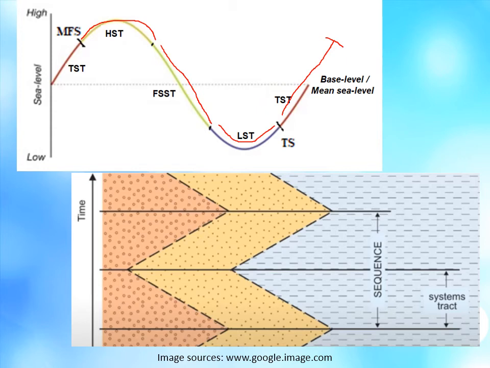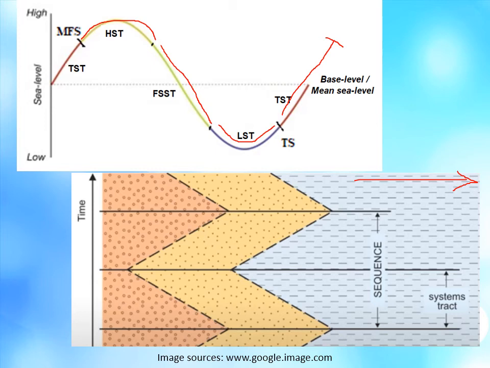If these are my sedimentary records from shallow marine to deep marine, and this direction is my basinal direction, that is the deep marine direction, we can see that sometimes the deep marine depositional conditions move towards the shallower part.